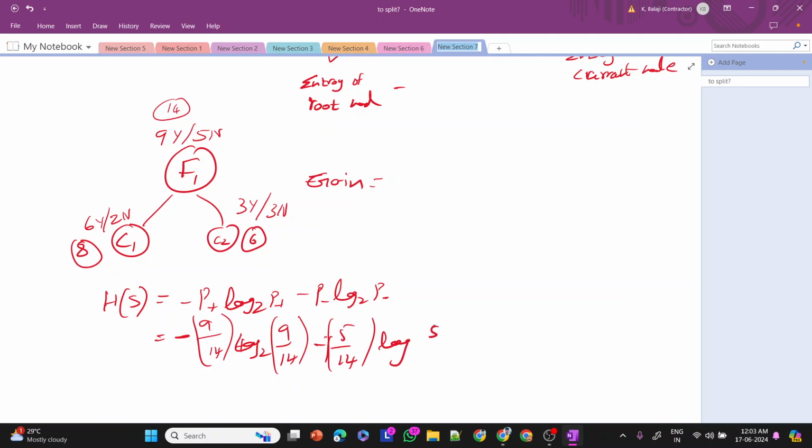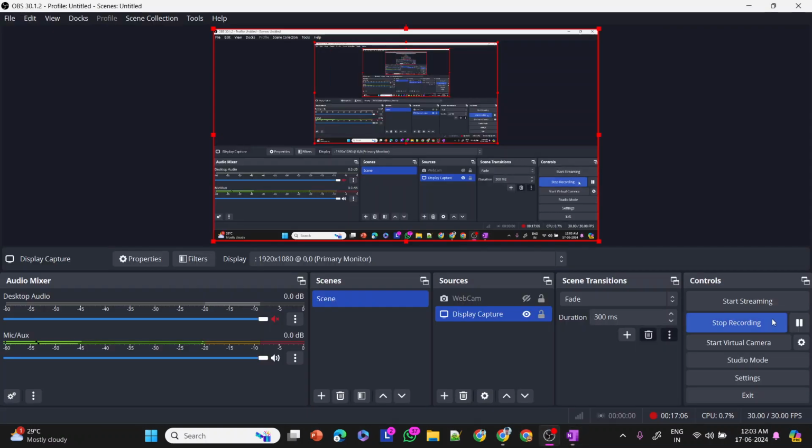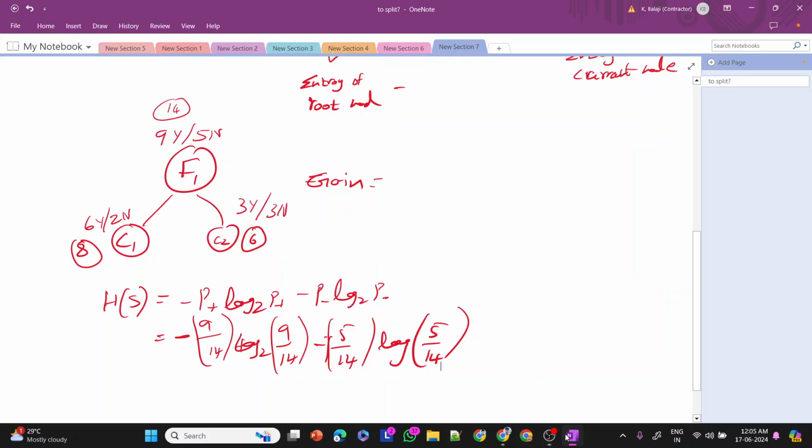When we compute this, we get approximately 0.94.